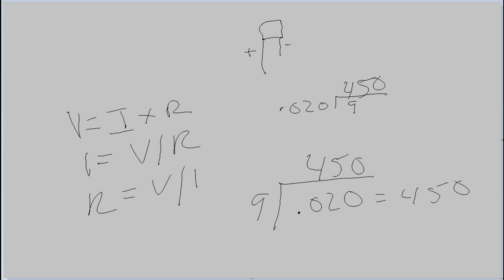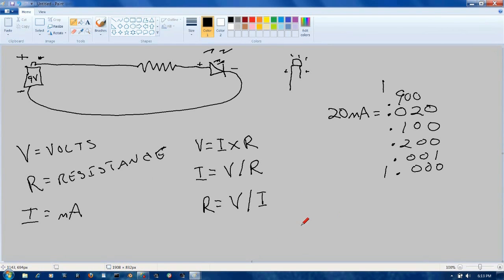Back to the video. So it's 9 divided by 0.020. Use your calculator. I got a calculator, I use it, which comes out to 450. So 450.